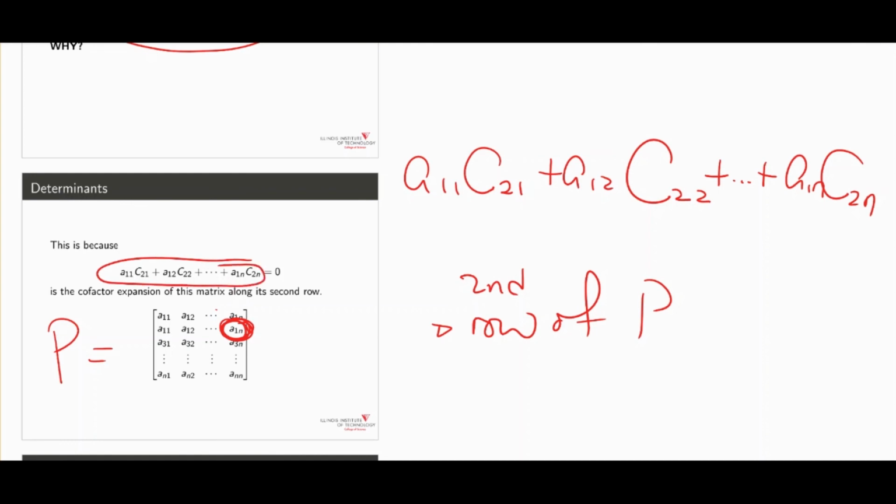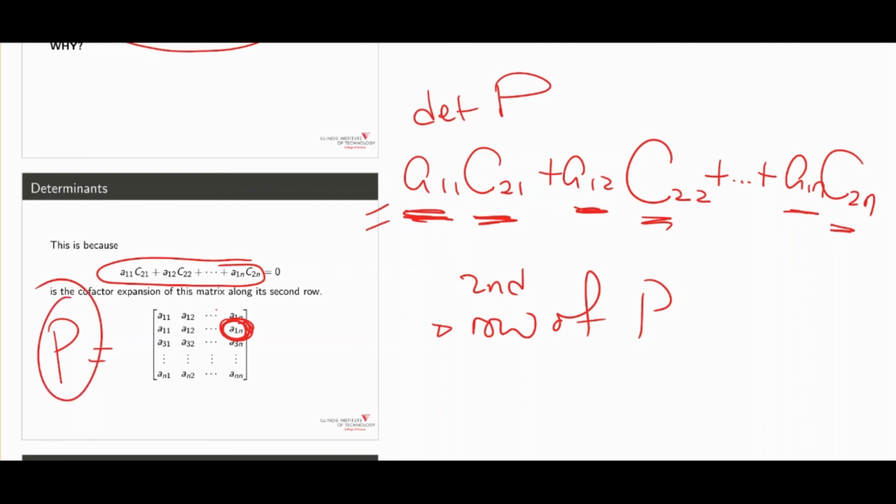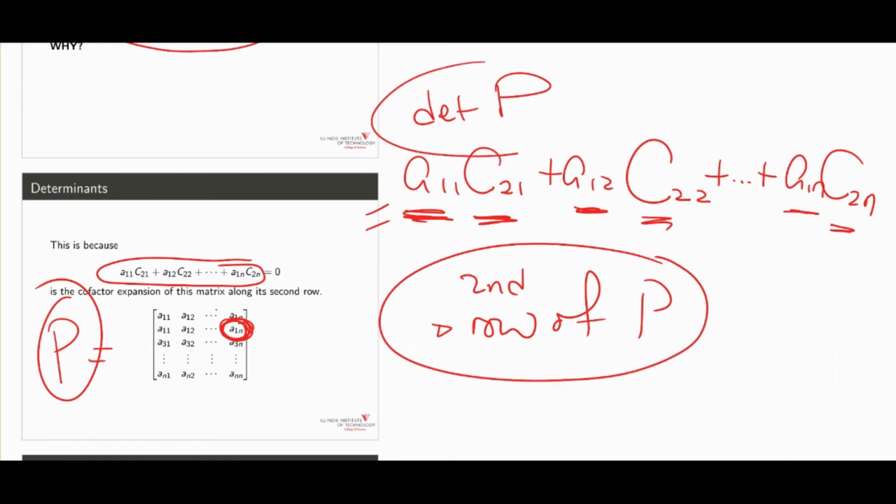So this is exactly what we have right here: A11, C21, A12, C22, all the way to A1n, C2n. And this is the determinant of this matrix P, the cofactor expansion along the second row of P.